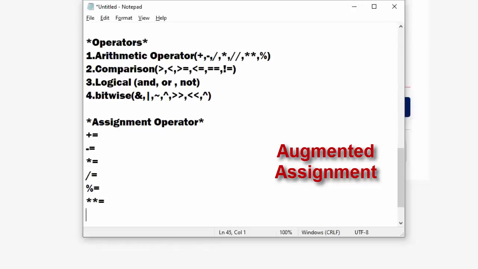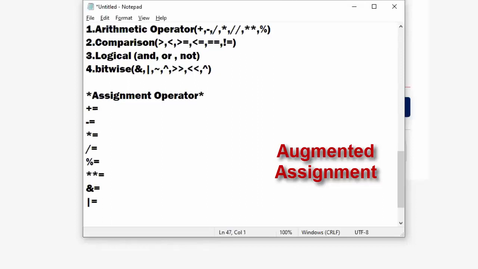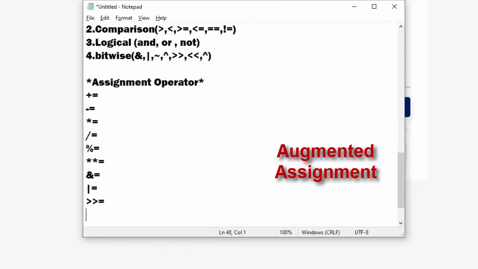You can have bitwise and equal to, or equal to, right shift equal to, left shift equal to, and many more. This is what other programming languages support.